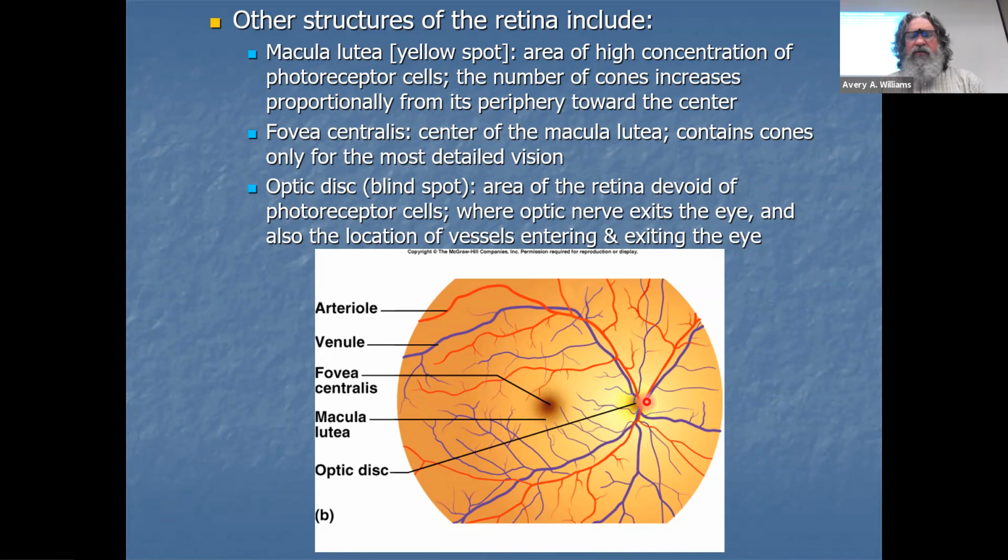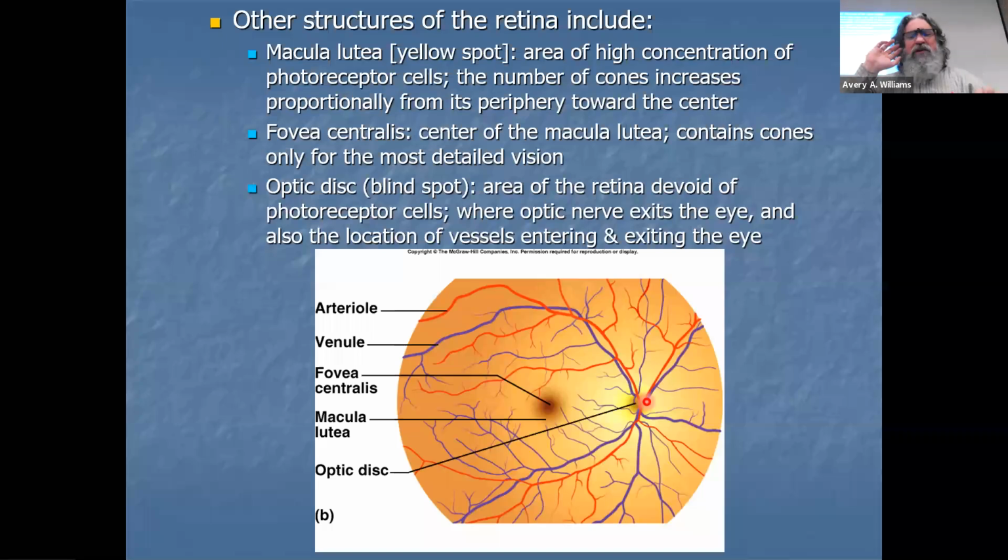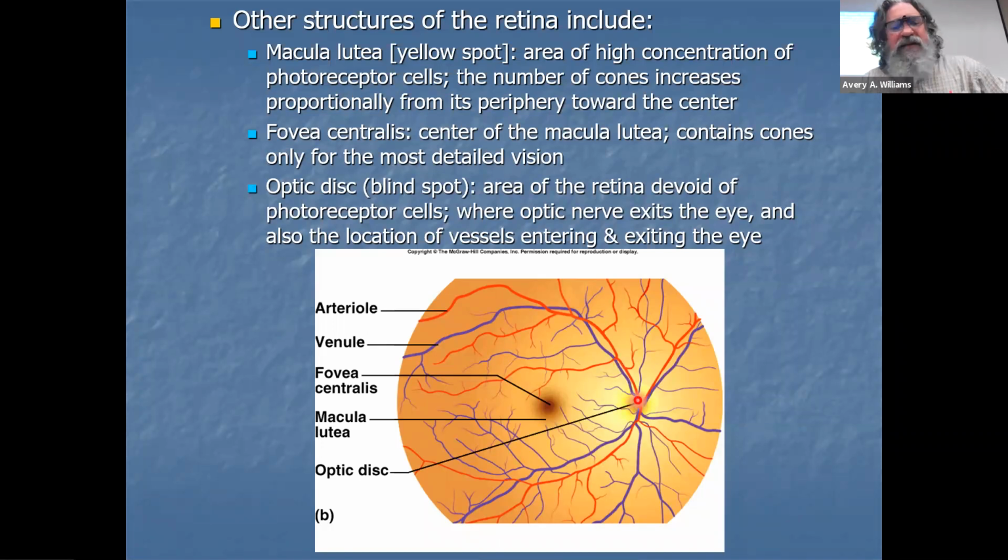It might be yellow and have red vessels and blue vessels. It looks to me kind of like branching white lightning coming out. Anyway, if you trace any one of these vessels back, they all come back to the same point right here. And that's the optic disc.